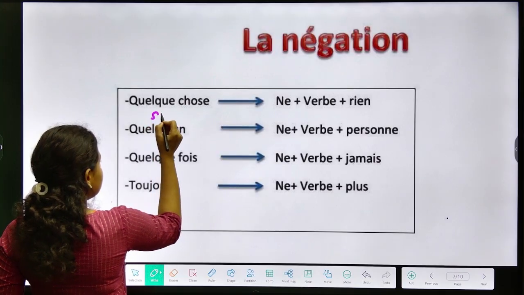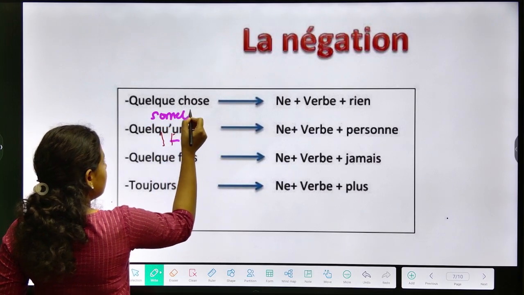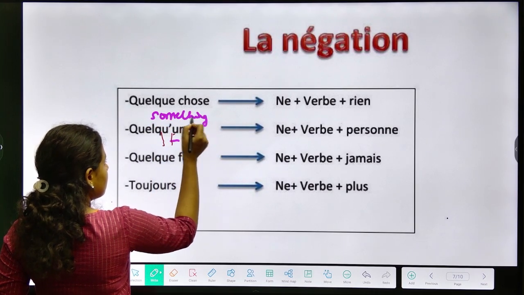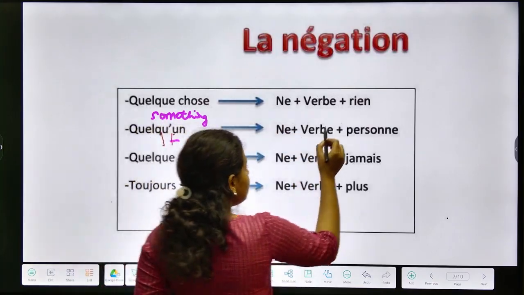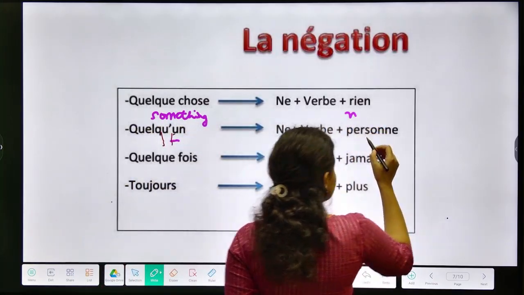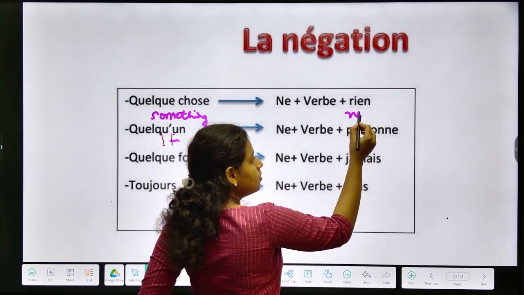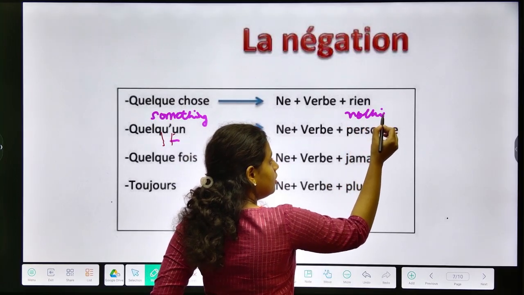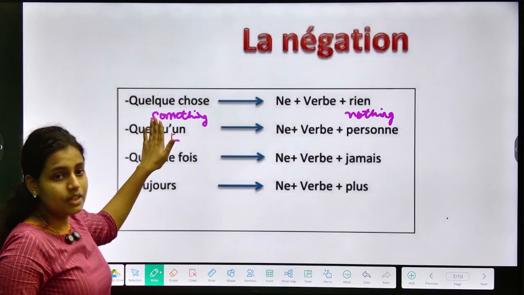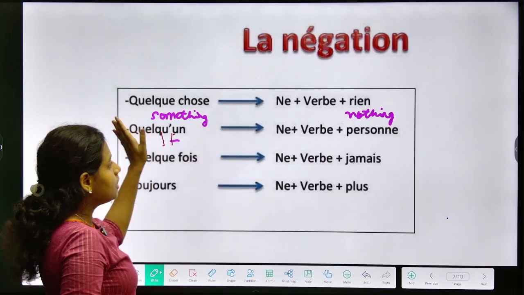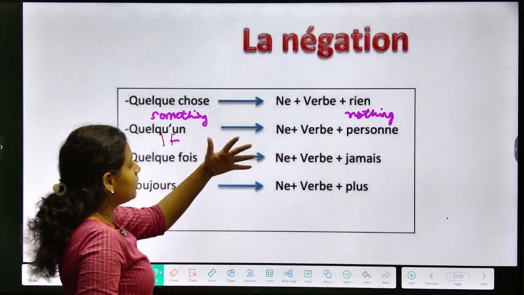And when we negate, it becomes nothing. So rien means nothing. So when you negate something, it becomes nothing. Quelque chose becomes ne verb plus rien.